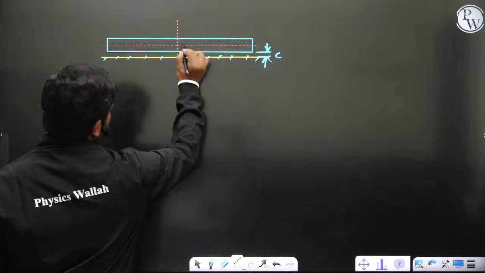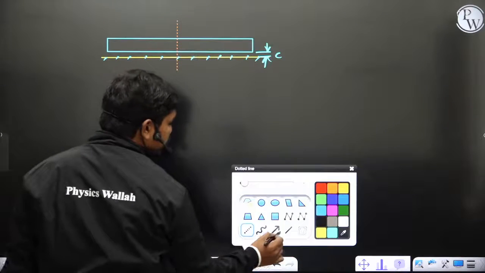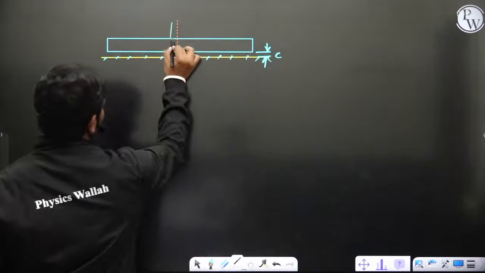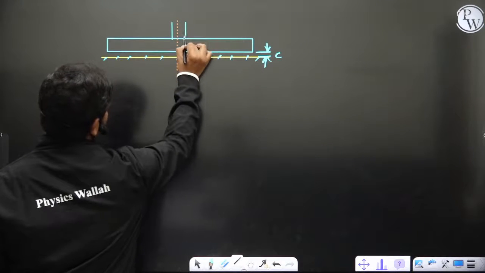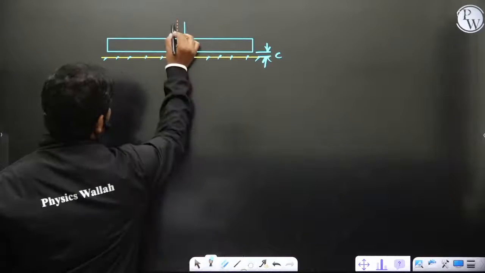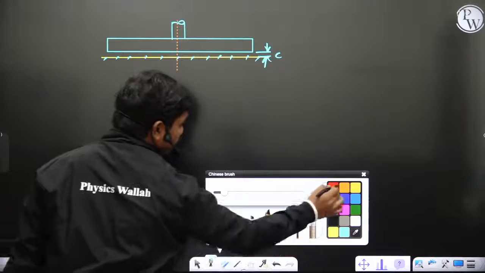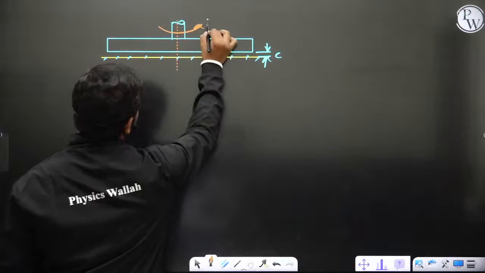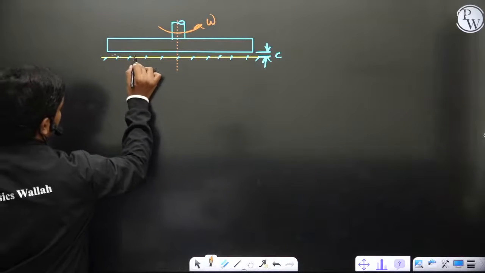Let us suppose this disk has a small handle here, like this, and you are rotating this disk at an angular velocity omega.